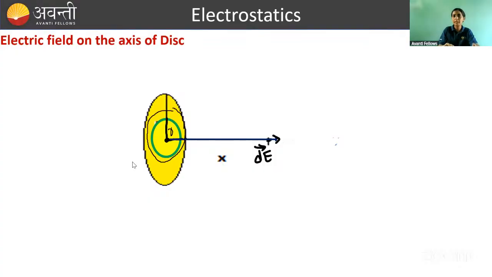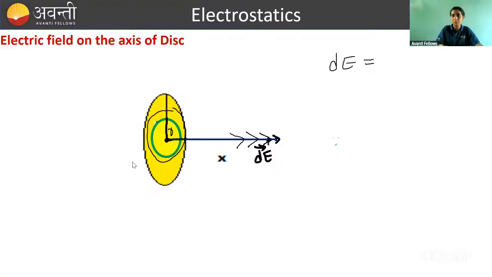For every element, electric field will be directed in this sense. Okay? So if we are able to write dE, we can integrate it because all dE are in the same direction. So we can scalarly add them to calculate the net electric field.